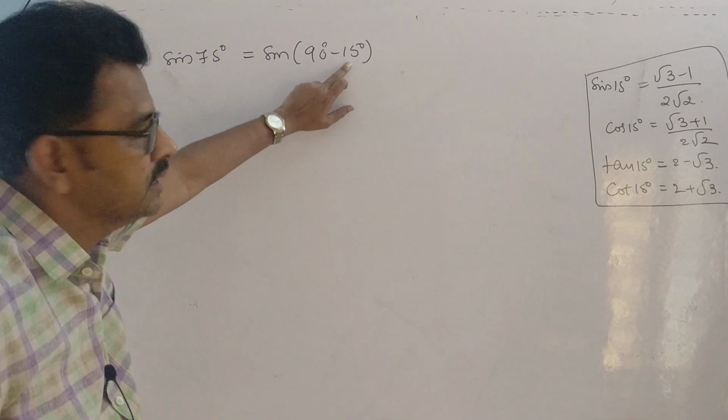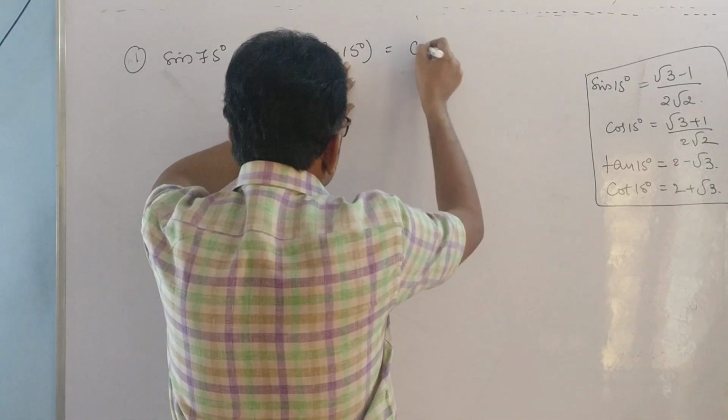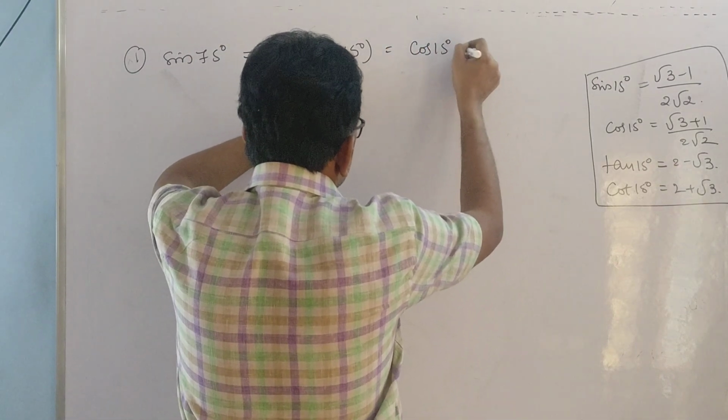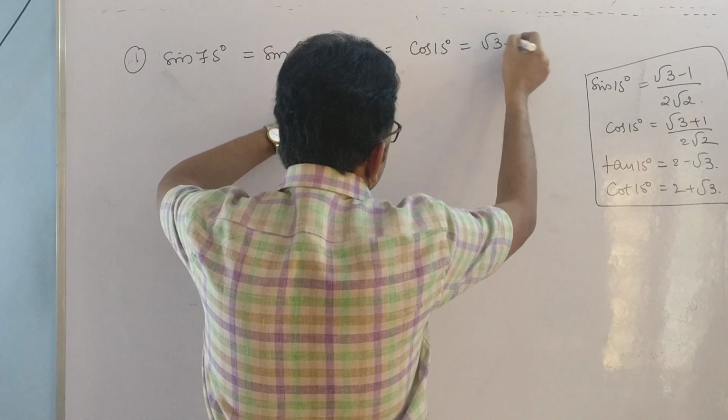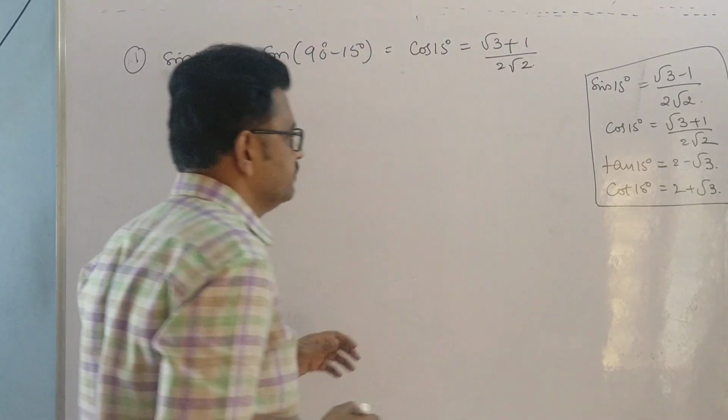Sin 90 minus theta is equal to cos theta, because it is in the first quadrant, all are positive. So cos 15 degrees is equal to (root 3 plus 1) by 2 root 2.